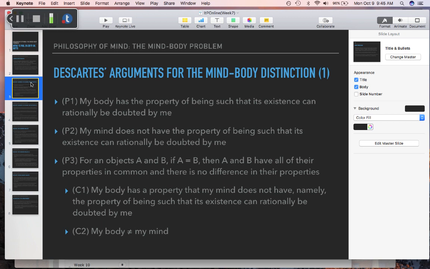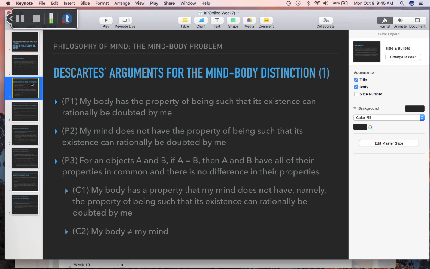So, whereas it's rational, according to premise 1, that I could doubt I have a body, it is not rational, according to premise 2, that I could doubt I have a mind. So that's premises 1 and 2. Premise 3: for objects A and B, if A equals B, then A and B have all their properties in common, and there is no difference in their properties.